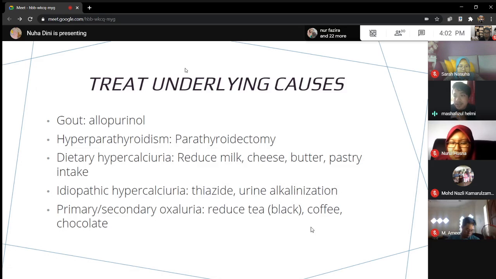In this way, we cannot modify, but the modifiable one, which is the secondary cause, is basically due to diet. So in this case, we advise the patient to reduce the ingestion of tea, particularly black tea, coffee, or chocolate. Next one.